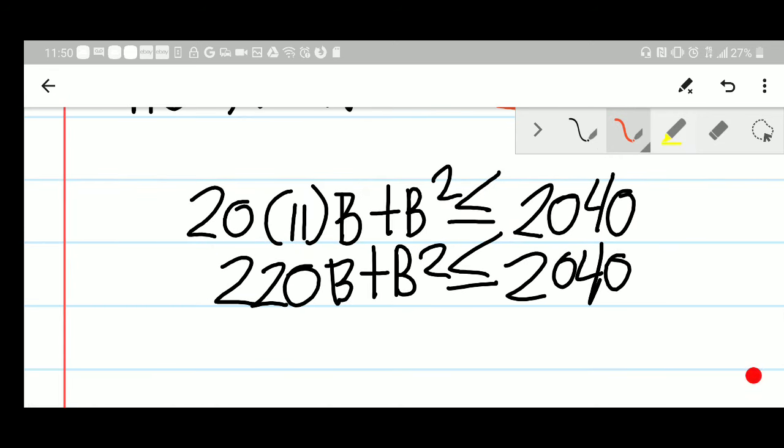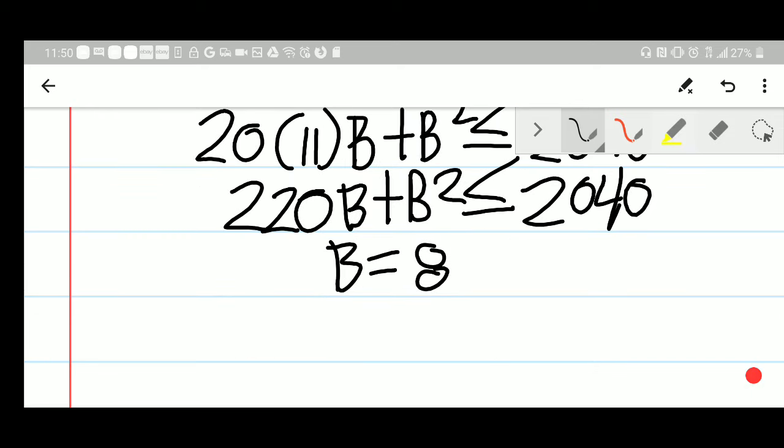Okay, so you can compare. Let's see, 2 and 20. Let's try 8. b equals 8. See if that works.